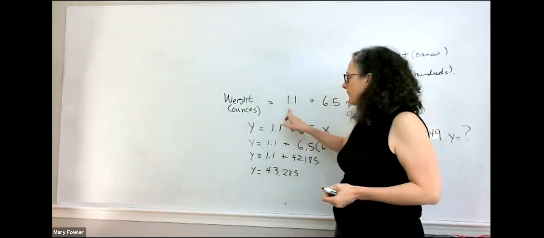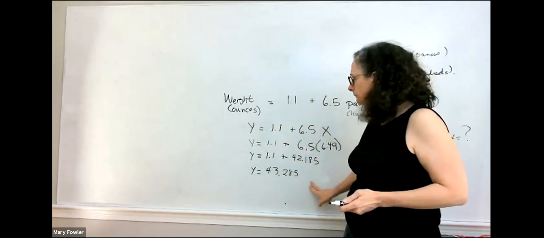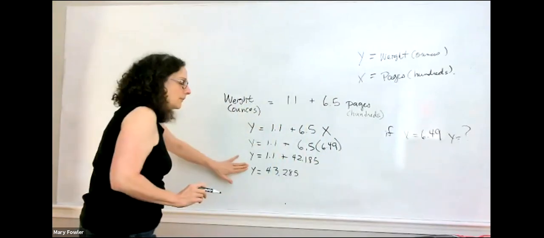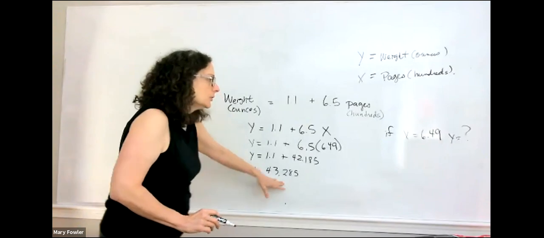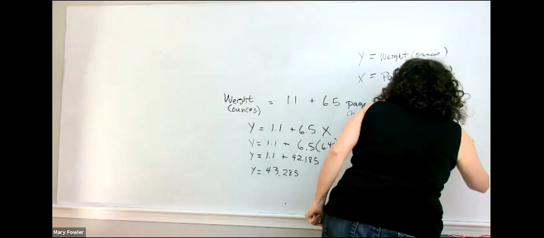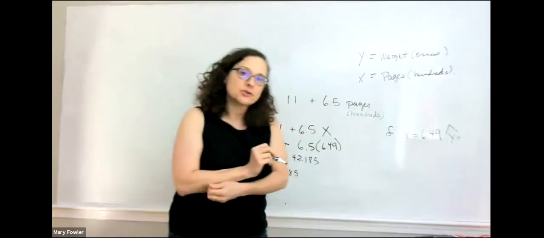It's really good whenever you have an equation to go ahead and use your equation. So this is what we call the predicted value of a book that has 6.49 hundreds of pages. And when we predict things, we put a hat on them. So it's not the actual Y, right?